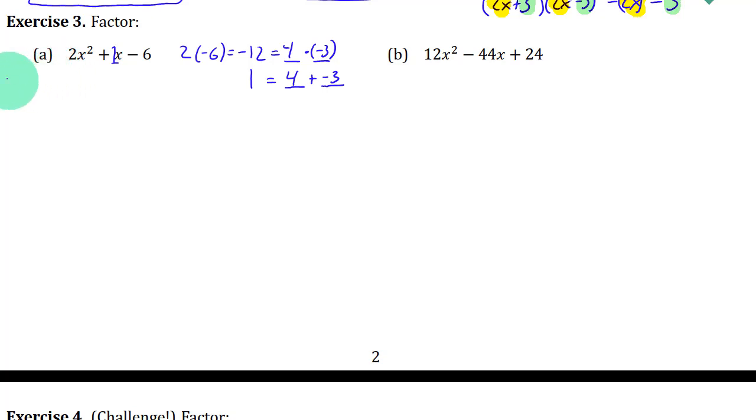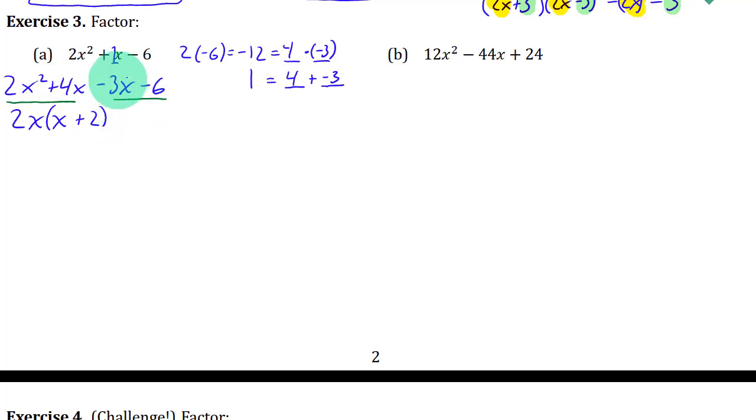So I'm going to rewrite this as 2x squared plus 4x minus 3x minus 6. And then we've got these two groups we can factor by grouping. The first group has a factor of 2x. And then, let's see, there's going to be an x plus 2 left over. 2x times x is 2x squared. 2x times 2 is 4x.